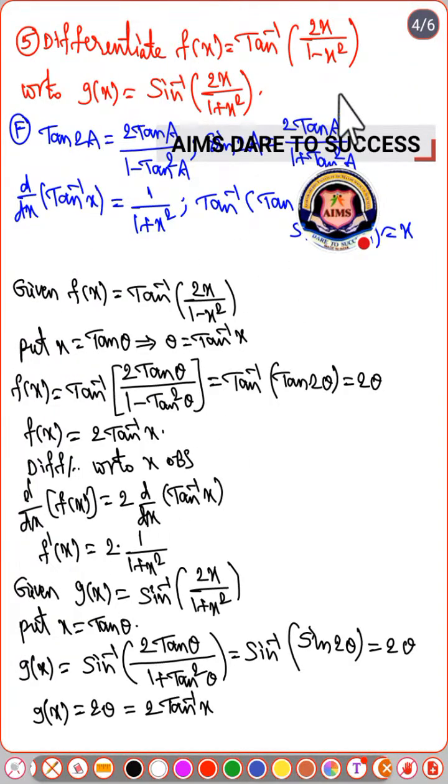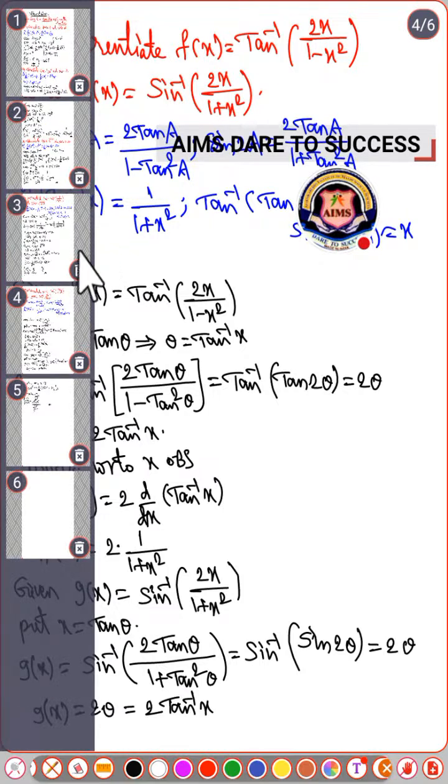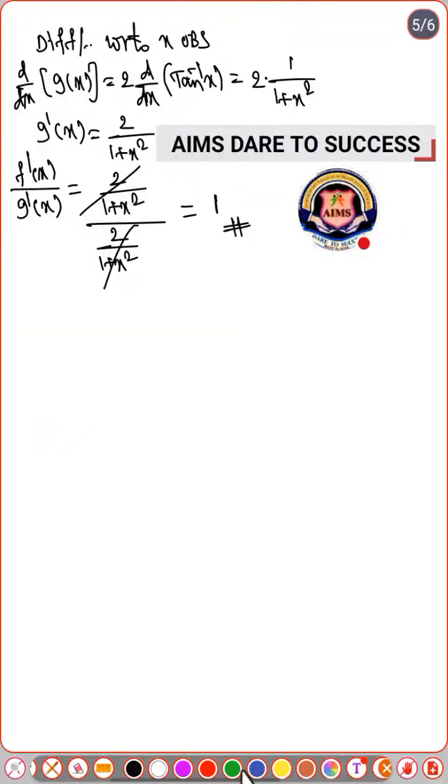So we have completed 5 questions. Now I will explain the 6th question, a very easy process and an important concept from differentiation.